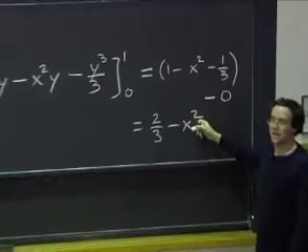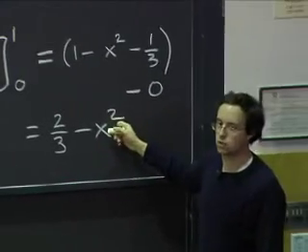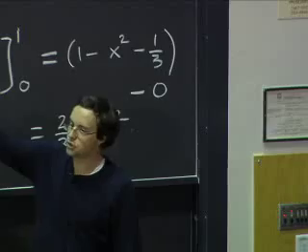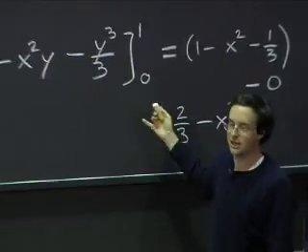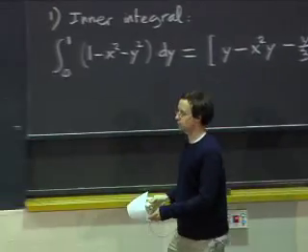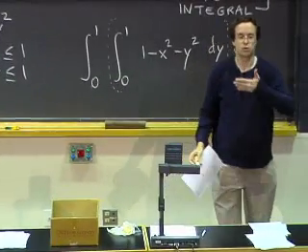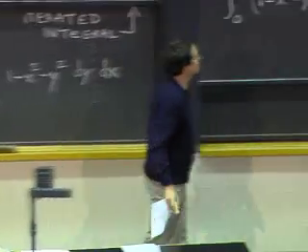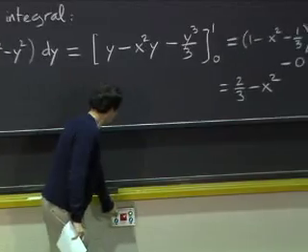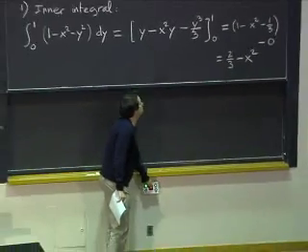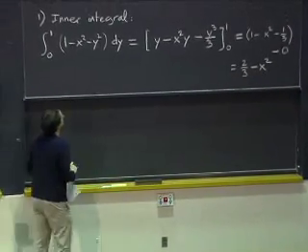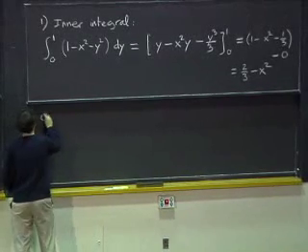And that's a function of x only. You shouldn't see any y's anymore because y was your integration variable. But you still have x, because the area of this shaded slice depends, of course, on the value of x. And so now the second thing to do is the outer integral.